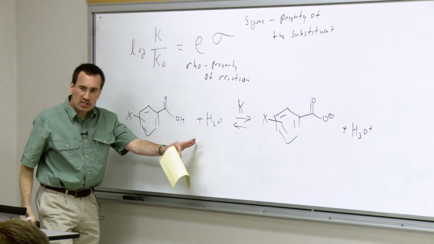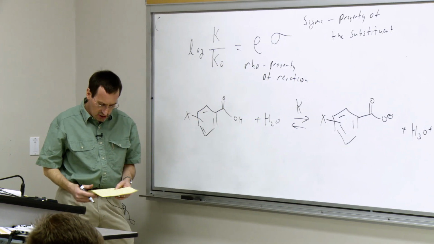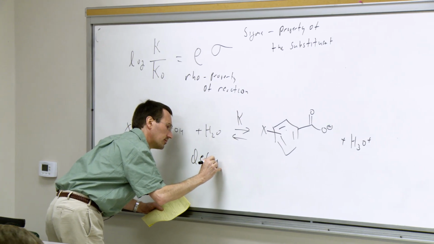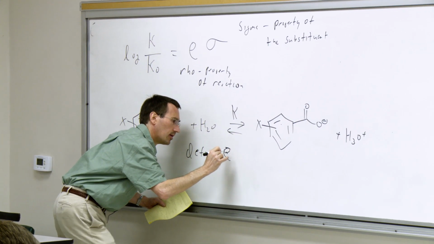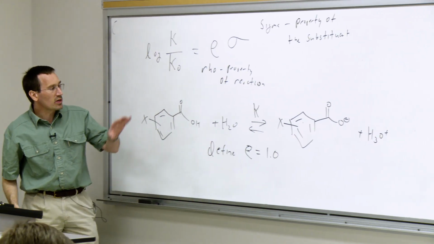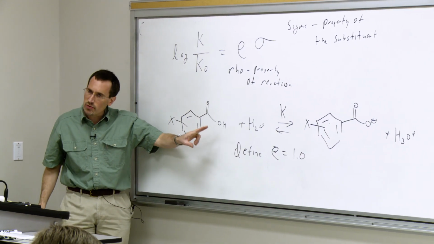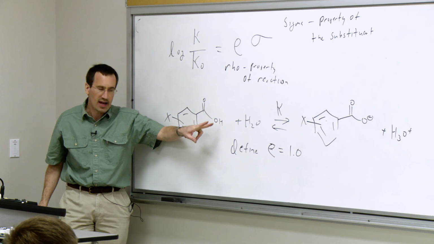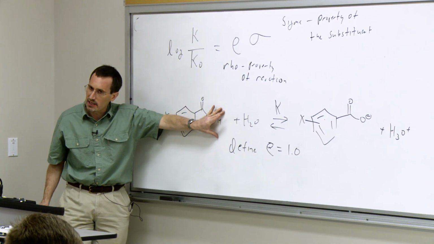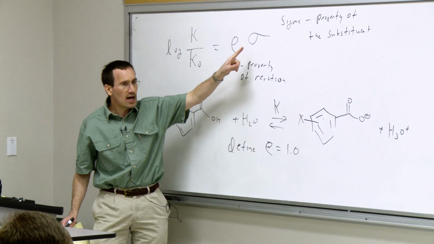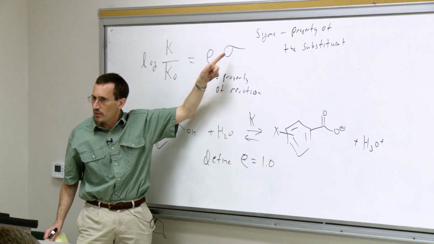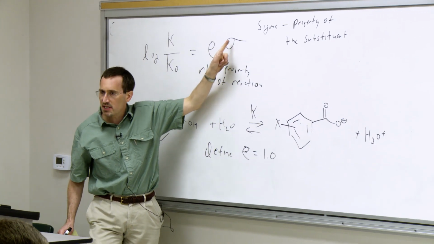So if we say that we define rho as a property of the reaction, sigma as a property of the substituent, and we say for this equation, by definition, let's make rho 1.0. In other words, let's use the ionization of acids, the pKa of acids, to come up with a value sigma for every substituent that you can put on the acid.